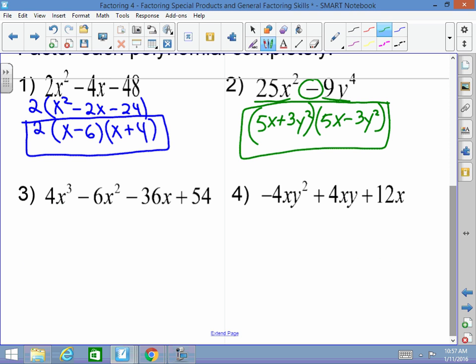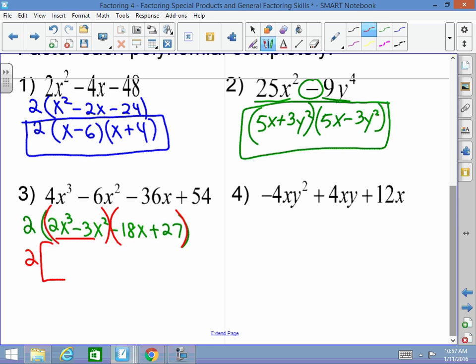Number 3, I got 4 terms. Before I do anything, though, if I look at this, looks like I can take out a GCF. I can take out a GCF of 2. So I'm going to be left with 2x cubed minus 3x squared minus 18x plus 27. Now I've got 4 terms, so I'm going to go ahead and group them.